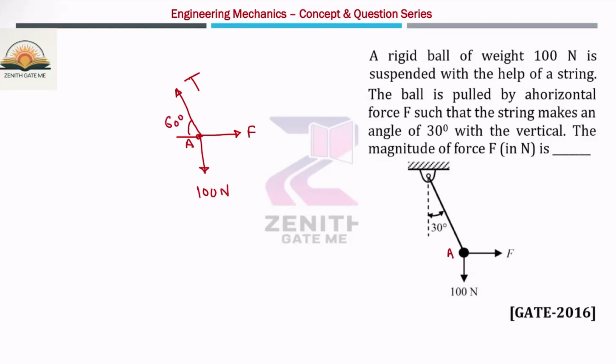I have already discussed this is 30, this is 90, so this will be 60 degree. So can I write 100 divided by sine of 120, F divided by sine of 150, because this is 90 degree and this is 60 degree, the angle between these two forces is 150.